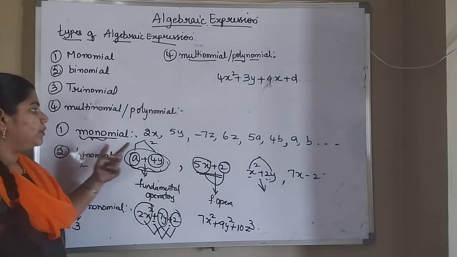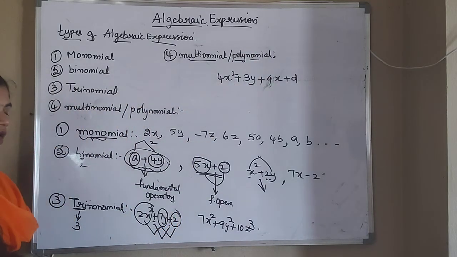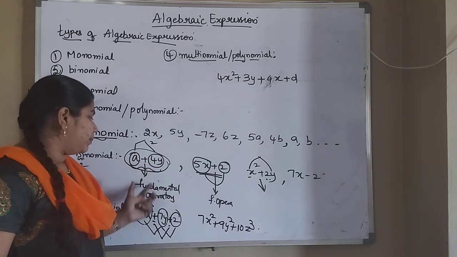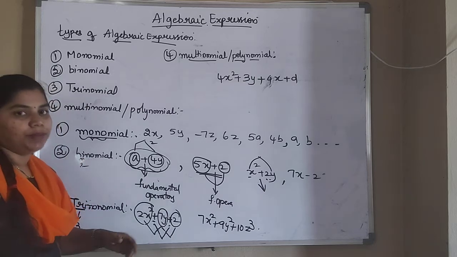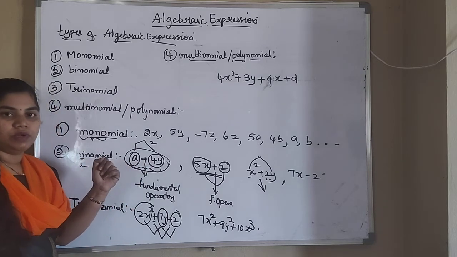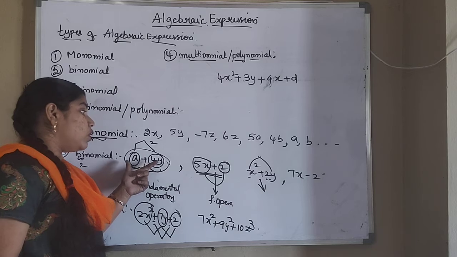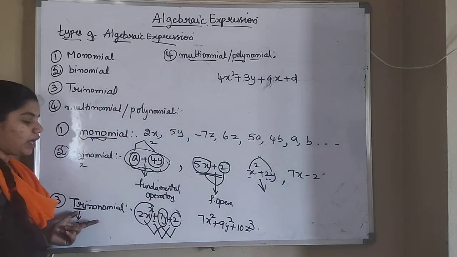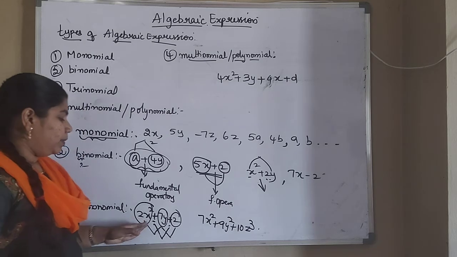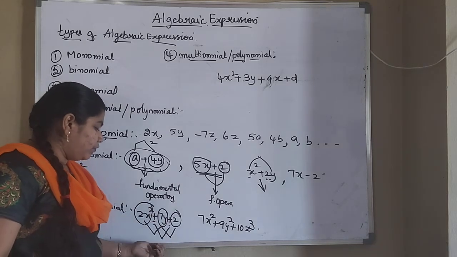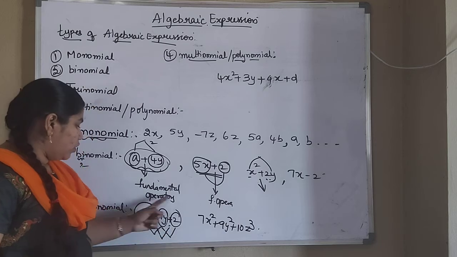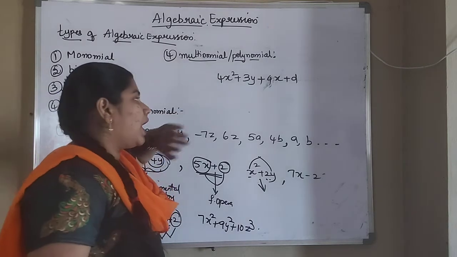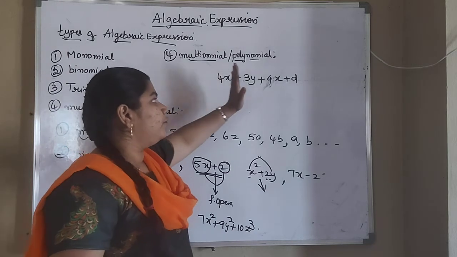So here monomial means it will be having a single term, and binomial means any two terms combined with fundamental operations. This binomial can also be called a multinomial or polynomial. In the same way, trinomial means it will be having three terms combined with fundamental operations. So this trinomial is also called a multinomial. And here in multinomial, I am taking 4 terms.